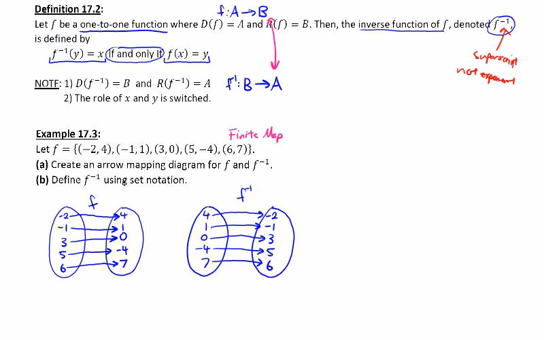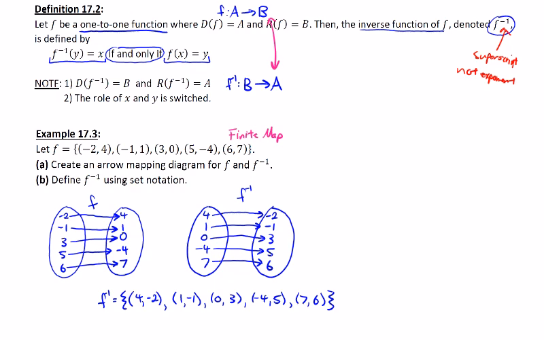So to define f inverse using set notation, I'll say f inverse equals, and then I'll literally write down all the ordered pairs. (4, -2), (1, -1), (0, 3), (-4, 5), and (7, 6). So as far as the definition is concerned for the inverse function, it's a very simple definition. All you have to do is switch the x's and the y's.